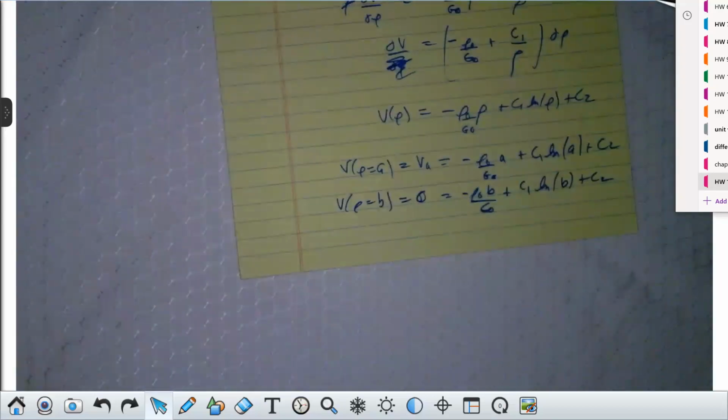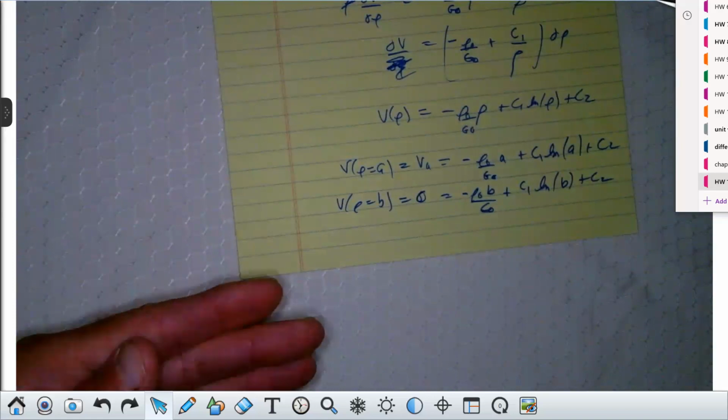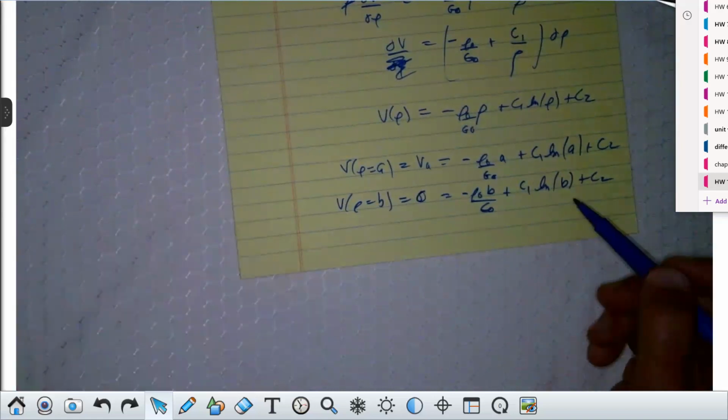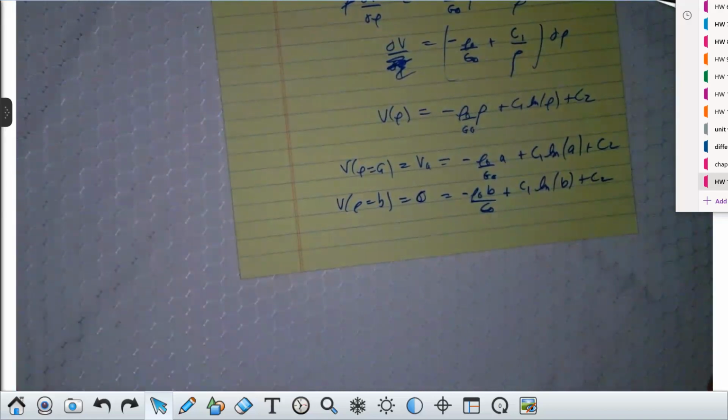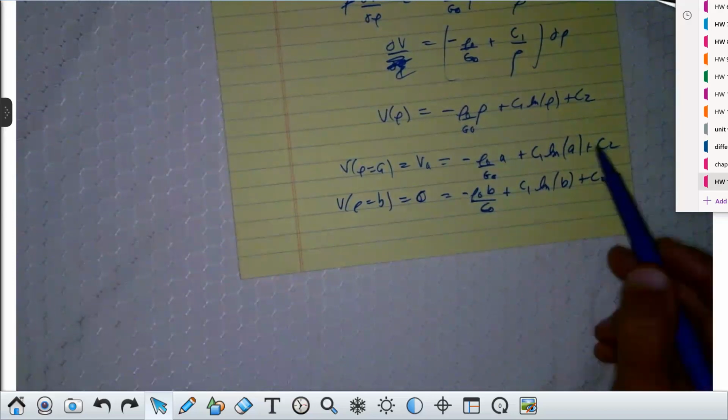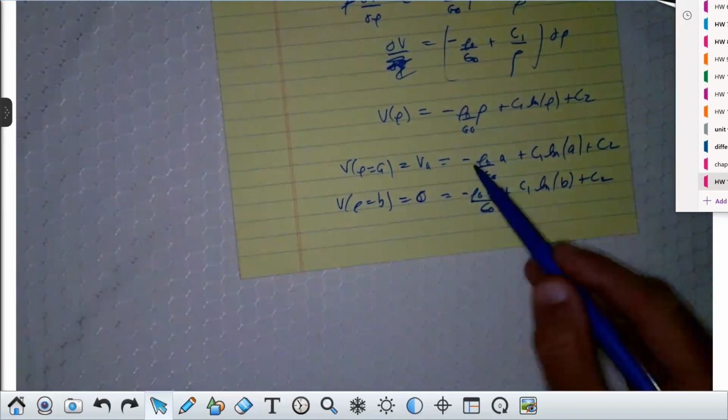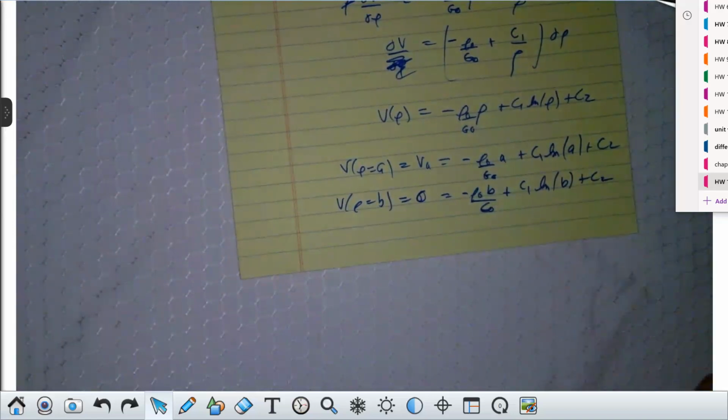And at this point, you can do it any way you want, but what you can obviously see is we have 2 equations and 2 unknown constants, right? So if you're going to solve for this, normally what you do is solve for one constant in terms of the knowns and then plug it into the other one.